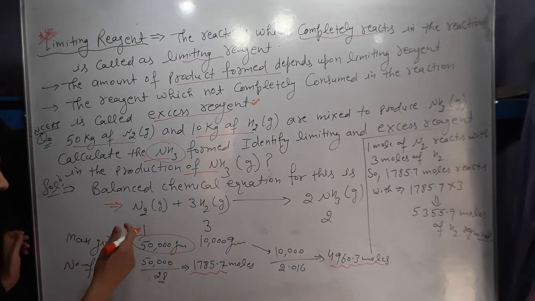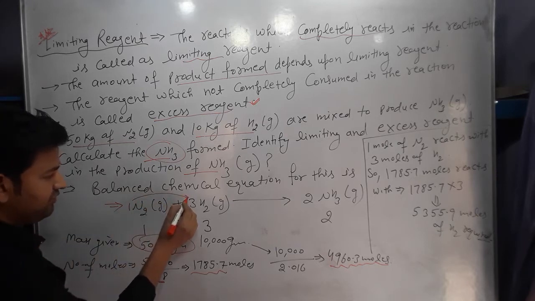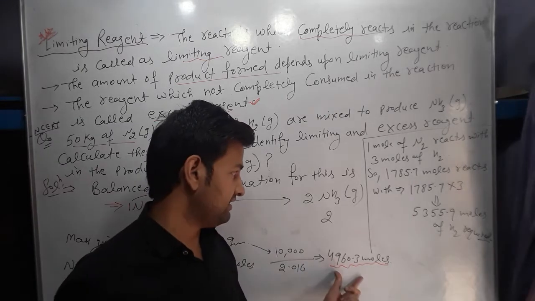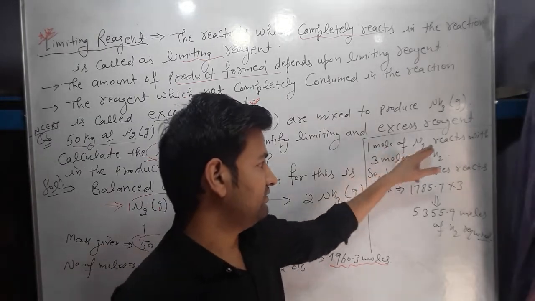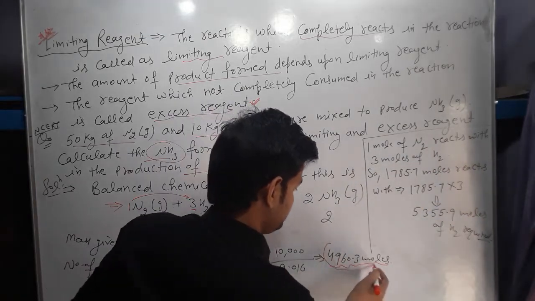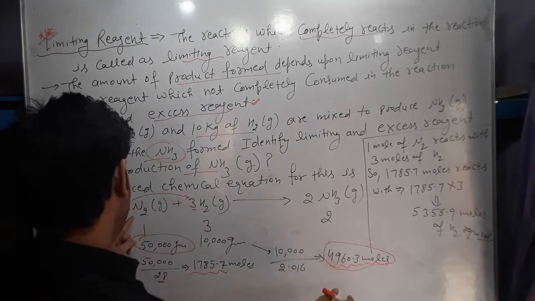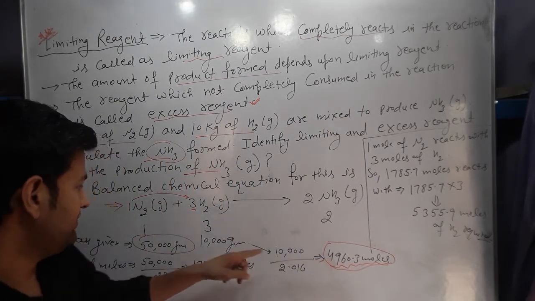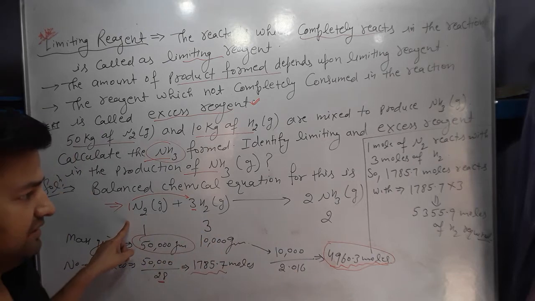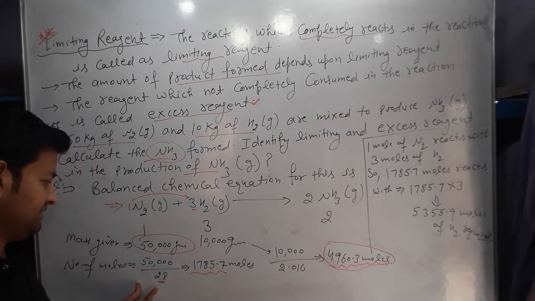From the balanced chemical equation, we know that 1 mole of nitrogen reacts with 3 moles of hydrogen. So what is the number of moles of hydrogen required to react with this amount of nitrogen? We have 1785.7 moles of nitrogen.